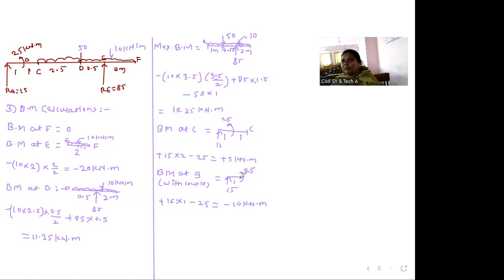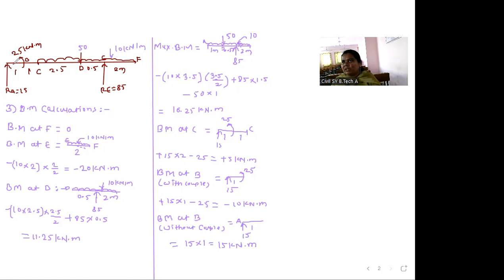Now we will calculate the bending moment at B, but before the couple, that means without considering the couple. Bending moment at B without couple, which is equal to, only one force is there, 15, and perpendicular distance is 1, so 15 into 1, which is equal to 15 kilonewton meter.